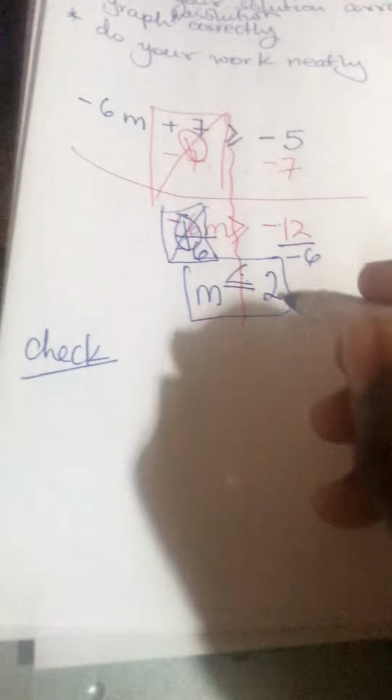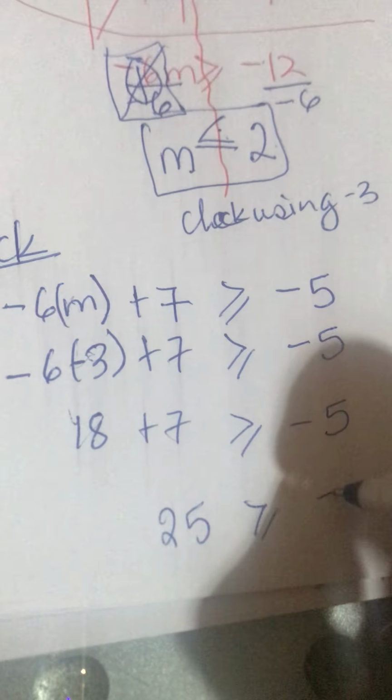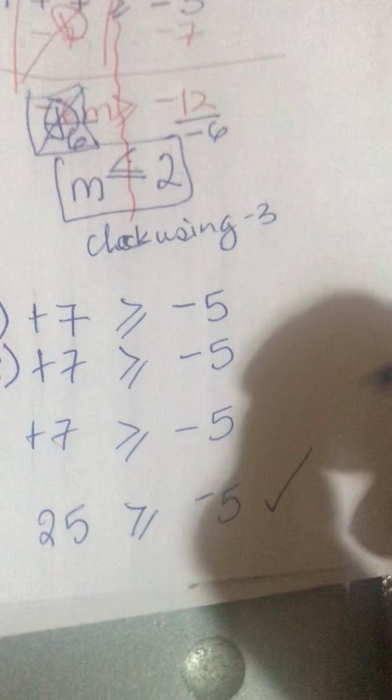Negative 6 multiplied by negative 3, because I'm checking using negative 3, plus 7 is greater than or equal to negative 5. 18 plus 7 is greater than or equal to negative 5. 25 is greater than or equal to negative 5. I am correct.